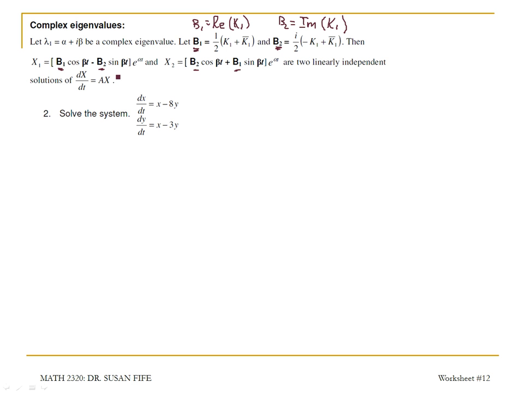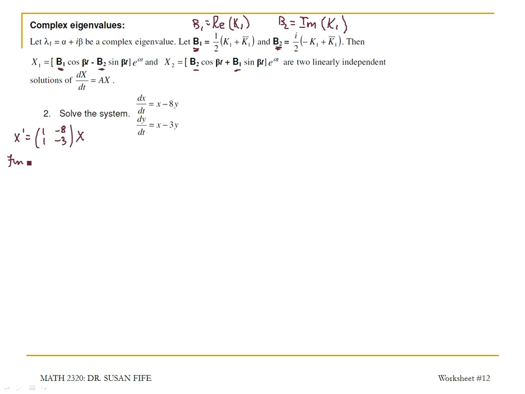So let's go ahead and solve the system. I'll start by writing the system in matrix form. I have x prime is equal to, and my coefficient matrix is 1, -8, 1, -3 times x.